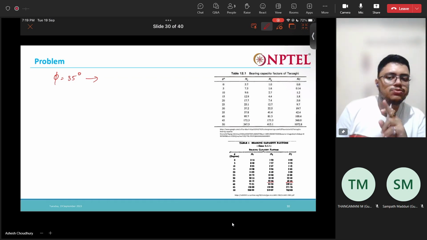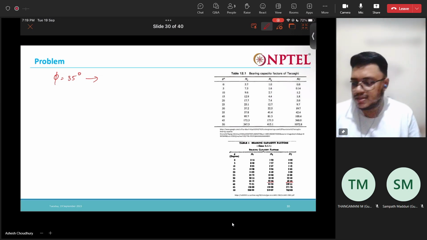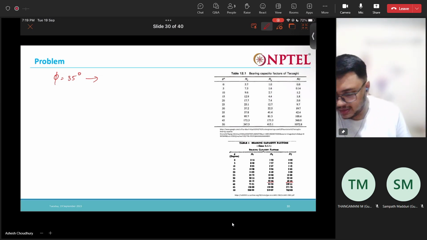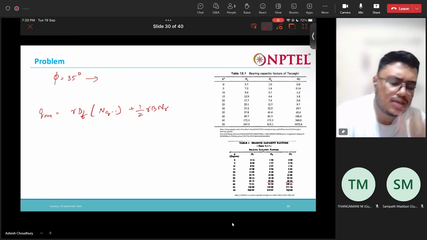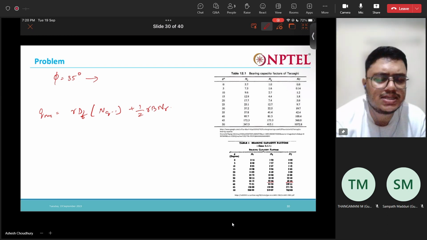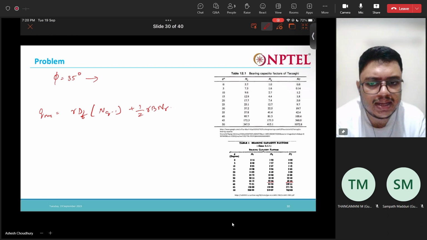And if you are following IS 6403, then the equation. So ultimately, what equation? It was Terzaghi's equation that was used to determine the ultimate bearing capacity.